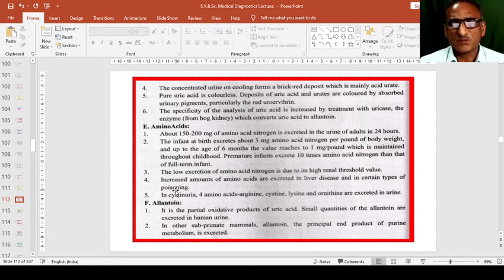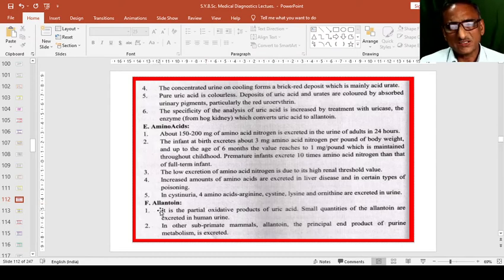The low excretion of amino acid nitrogen is due to its high renal threshold value. An increased amount of amino acids is excreted in liver disease and in certain types of poisoning. In cystinuria, 4 amino acids, arginine, cysteine, lysine, and ornithine, are excreted in urine. So these are the amino acid status.